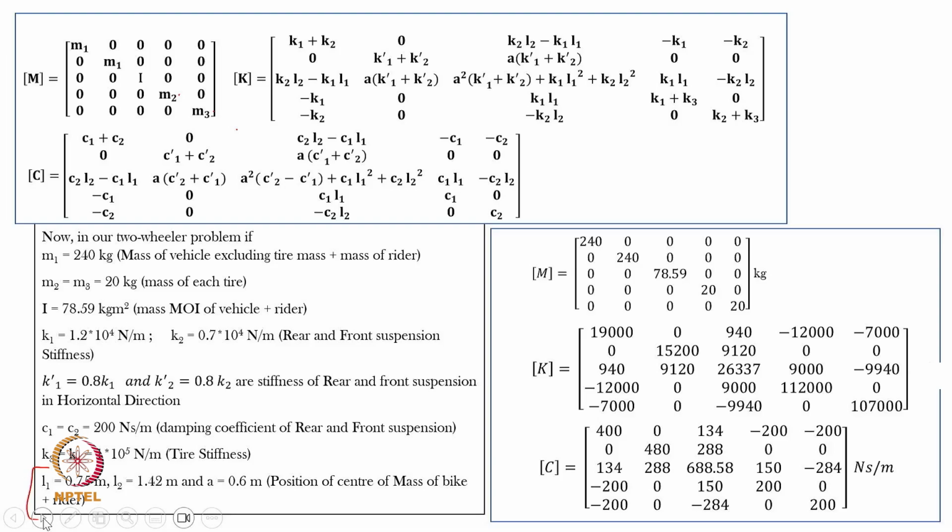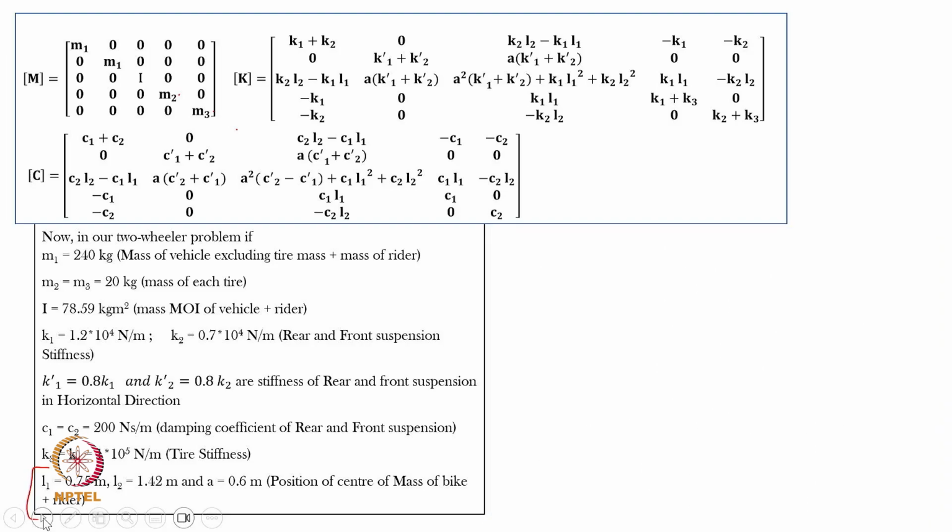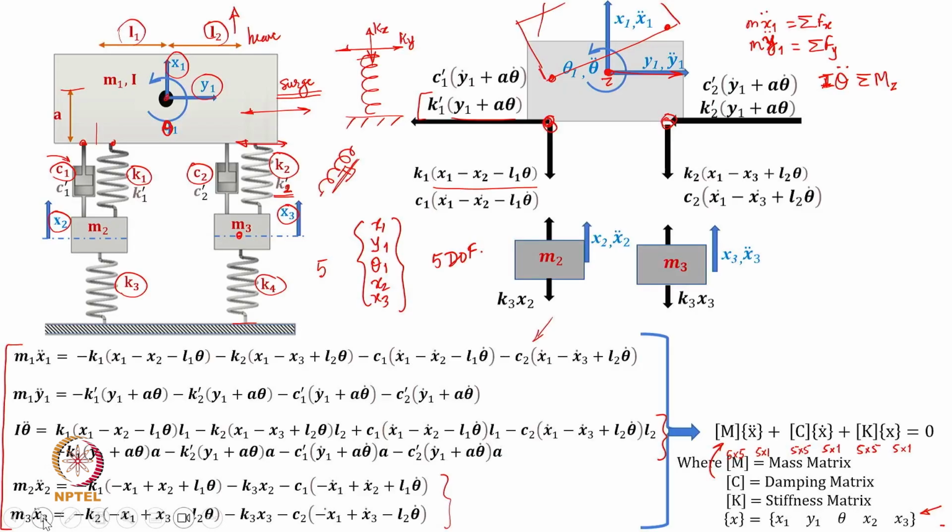Now, you can use any of the numerical methods that you might have learned in your engineering mathematics course to get the eigenvalues from these matrices, to get the natural frequency values. Ultimately this is your governing equation of motion, and it needs to be solved for natural frequencies.